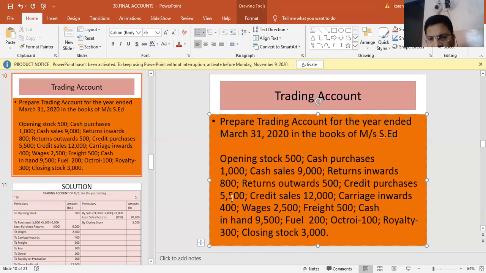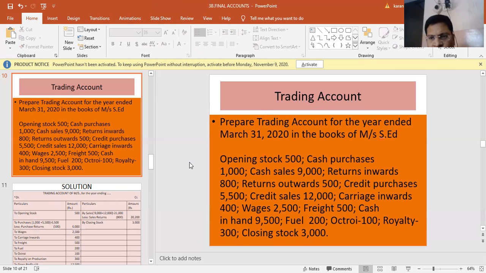Return inwards 800. Return outward 500. Credit purchase 5500. Credit sales 12,000. Carriage inward 400. Wages 2500. Freight 500, cash in hand 9,500, fuel 200, octroi 100, royalty 300, and closing stock 3,000. These are the informations given, and they have asked you to prepare a trading account.